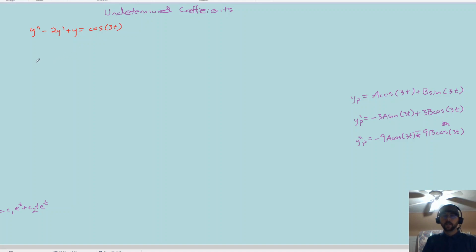Now, we're filling all of our things that we just calculated in. So y double prime is going to be this. Oh, I messed up that down there. Y of c equals c1 e to the t plus c2 t e to the t.